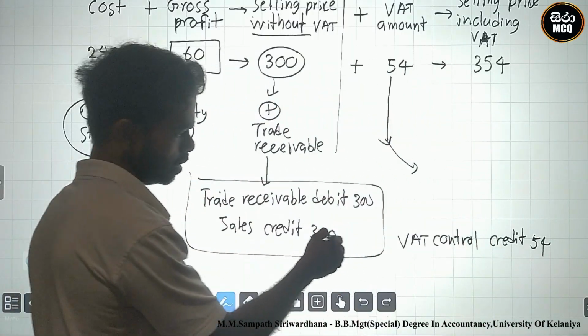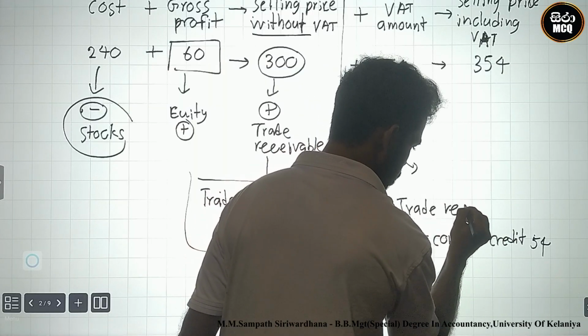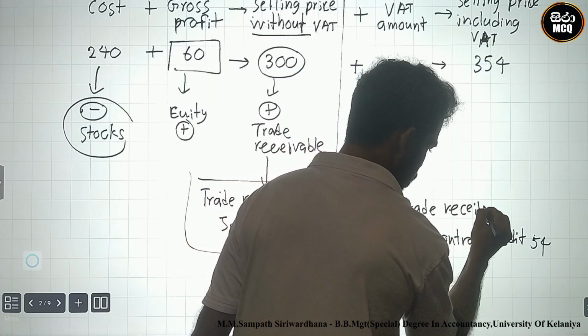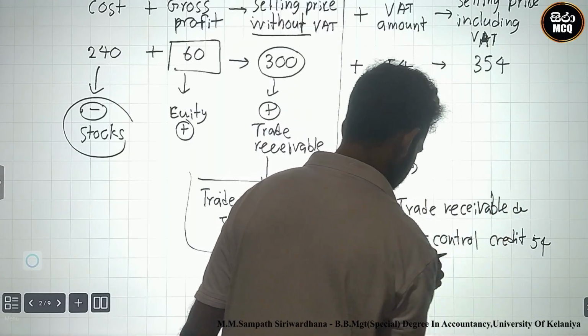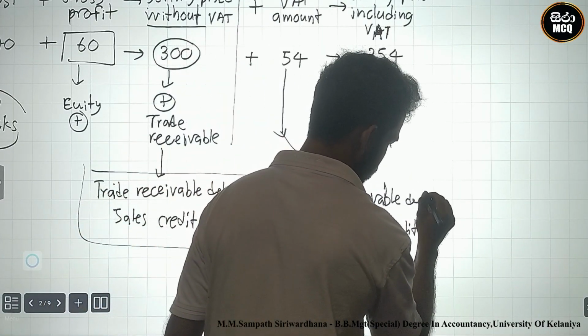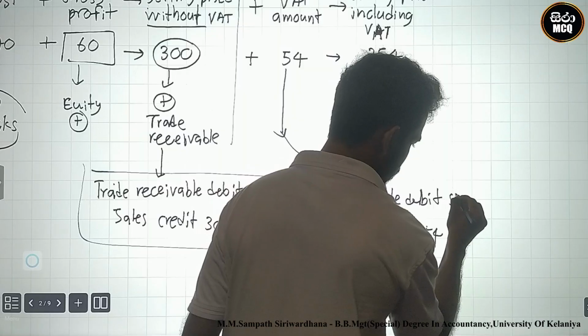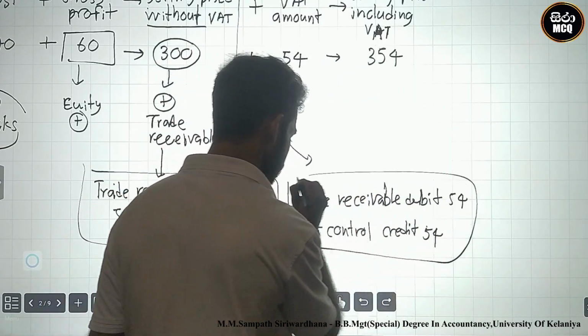Debit to trade receivable 54. This is our VAT impact.